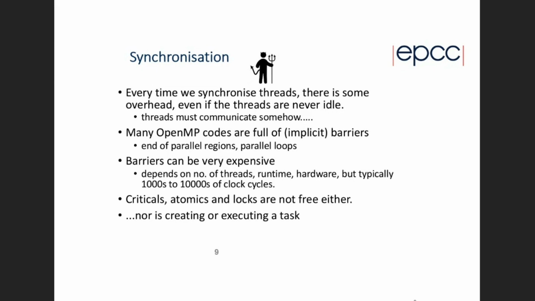But as a typical number, it's thousands to tens of thousands of clock cycles to synchronize threads. So if your parallelism is fairly fine-grained, if there's not much computation inside a parallel loop, then you can very easily run into a situation where the overhead of the barrier synchronization completely dominates.